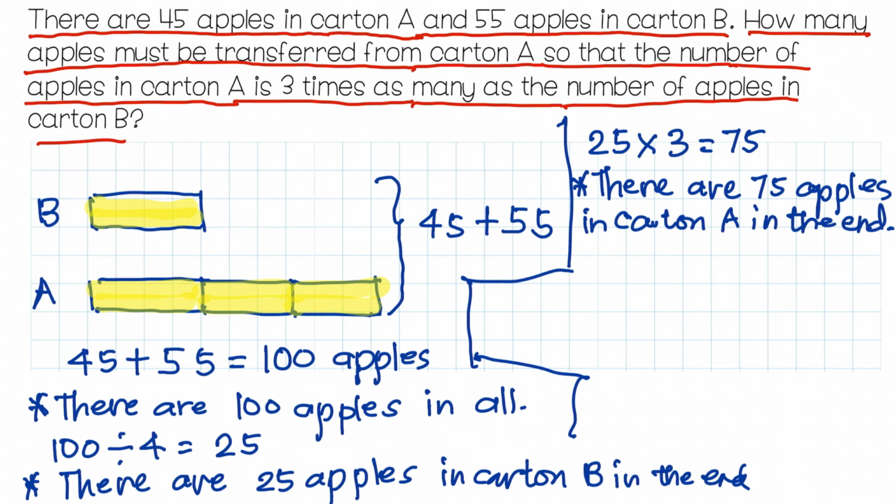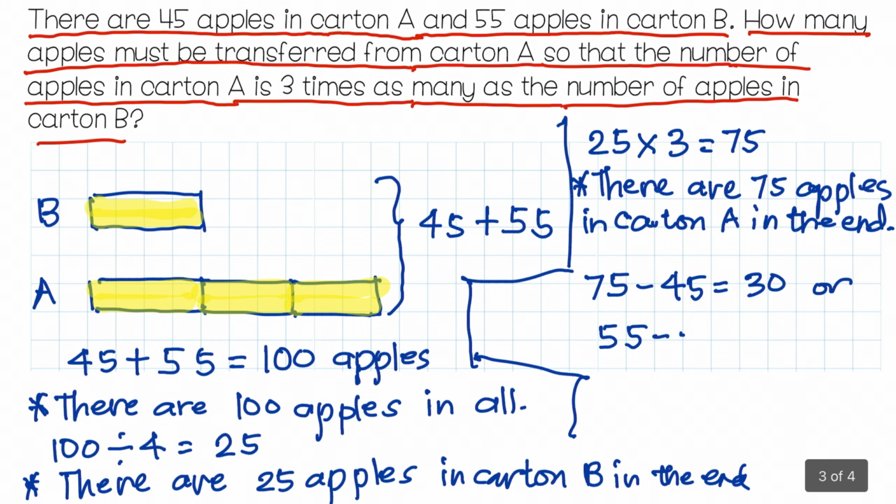Now, so then it needs to be 75 minus 45. Okay, 75 take away 45 is equal to 30. Or we have 55 in carton B minus 25 equals 30.